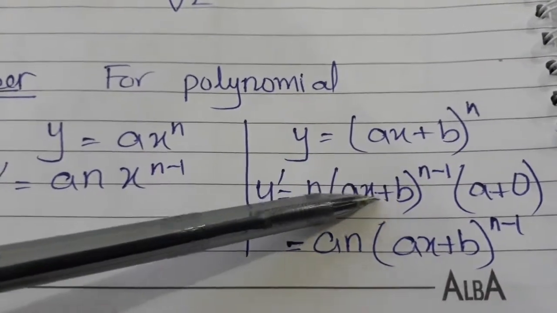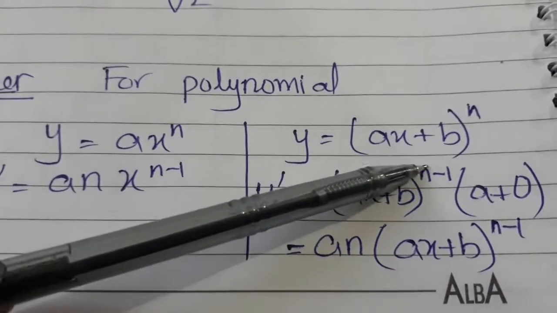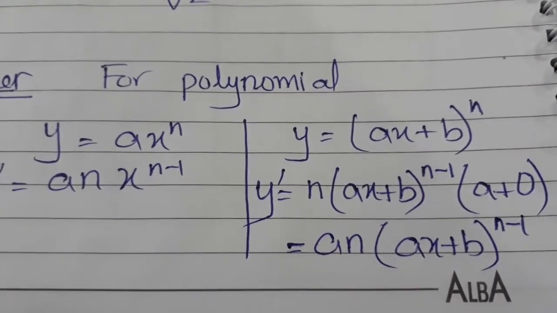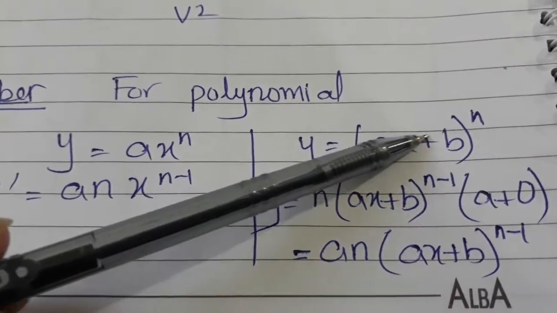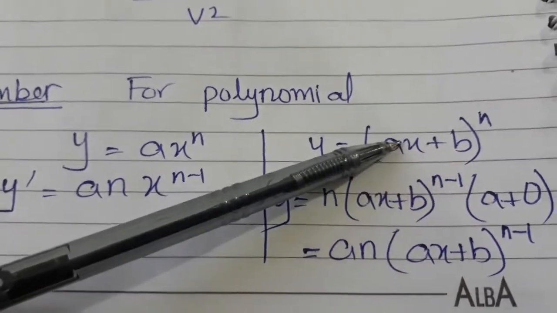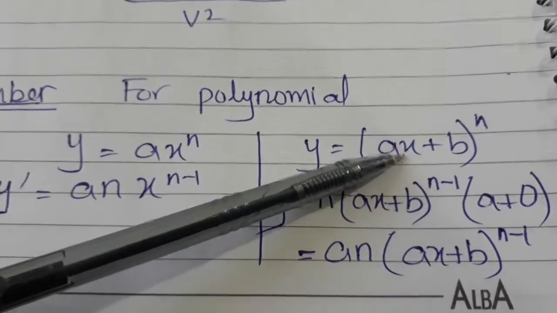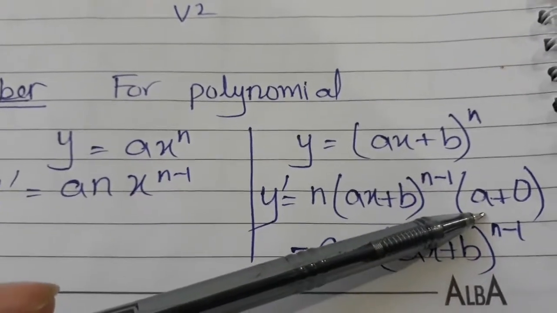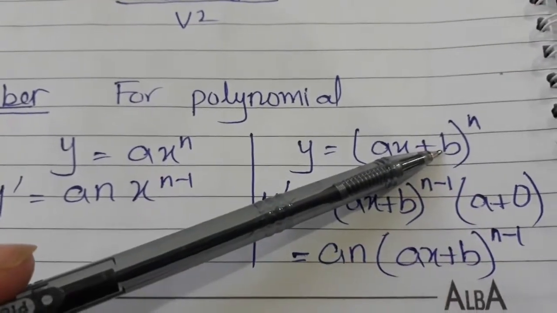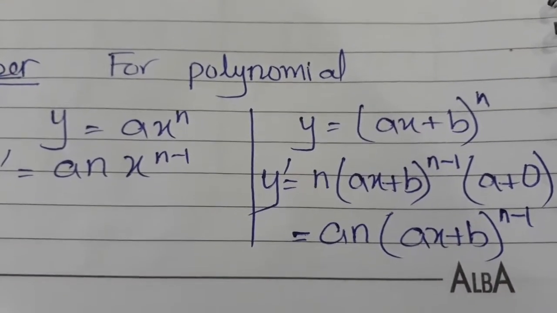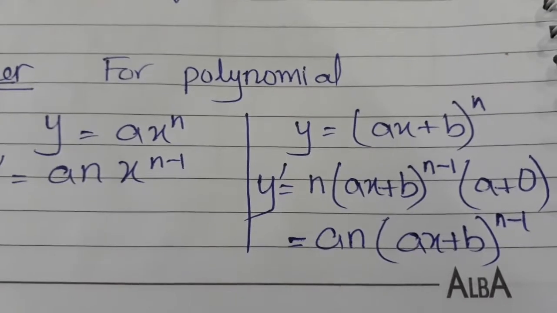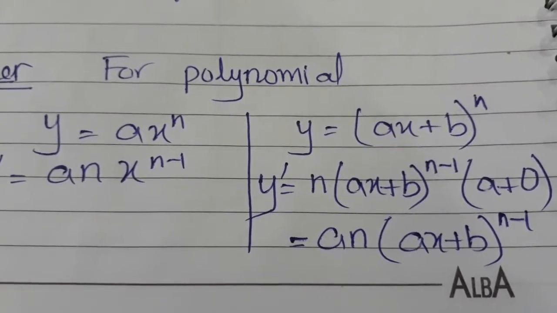The function remains as it is, and then you subtract the power by 1, and then you multiply by the differentiation of whatever expression is written here. The differentiation of ax is a, and the differentiation of b, which is a constant, is 0. Hence you will get a n times (ax plus b) to the power n minus 1.